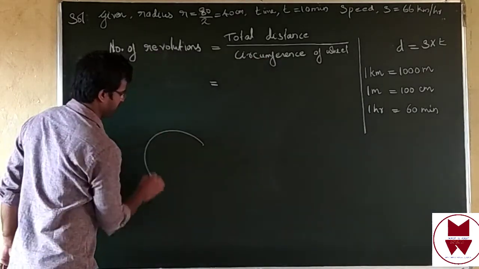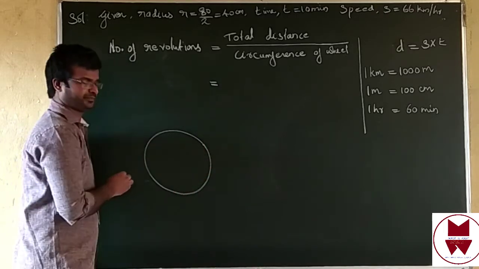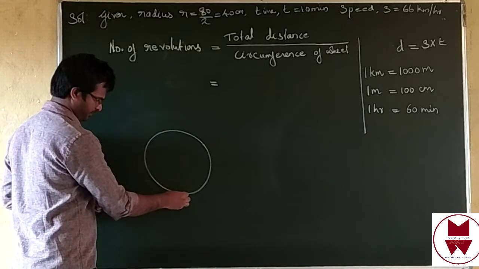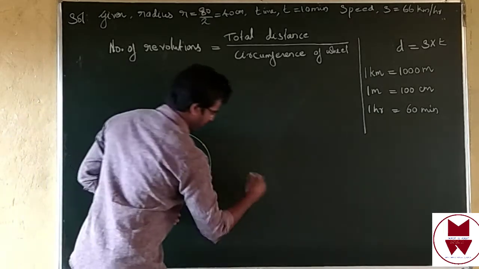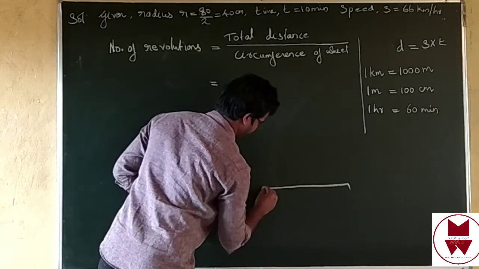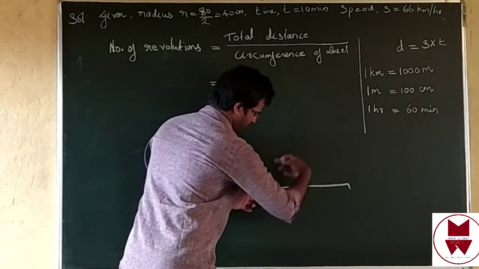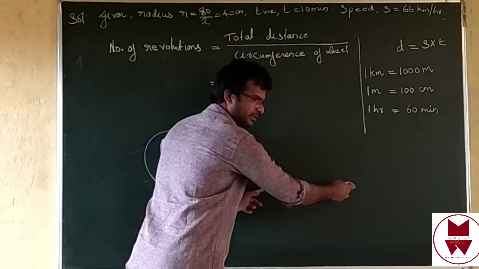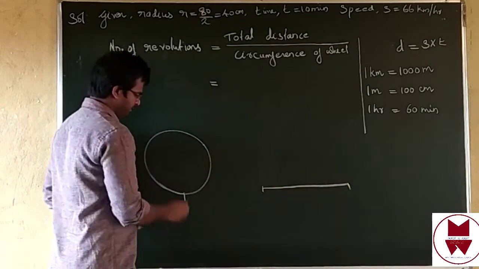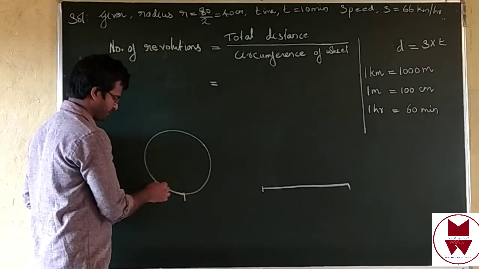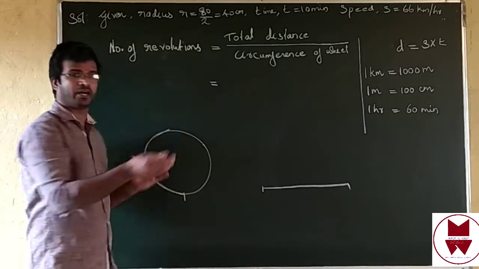Why? This is like one wheel. Then this wheel is rotating, starting from here, and maybe it travels this much distance. Starting from here, rotating only one time, it reaches here. That means when one wheel rotates, only the outside part touches the ground, isn't it?